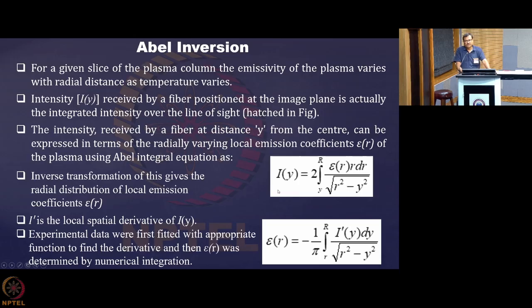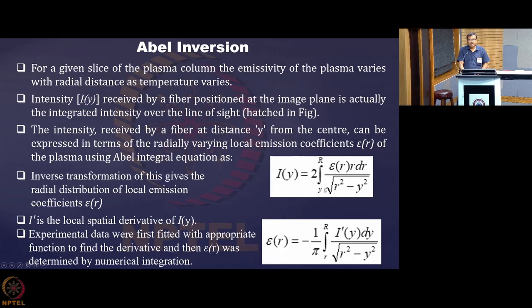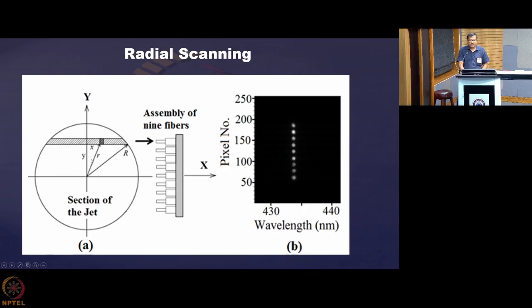So this integration you need to do, and r ranges from y to R, the capital R. So at this location r is equal to y, and at this location r is equal to R. You are integrating this from y to R, and you are multiplying by 2 because this side is also contributing.